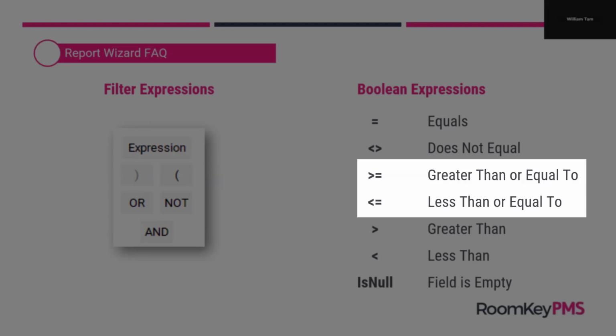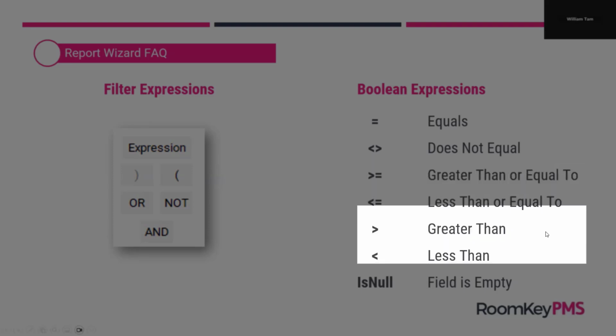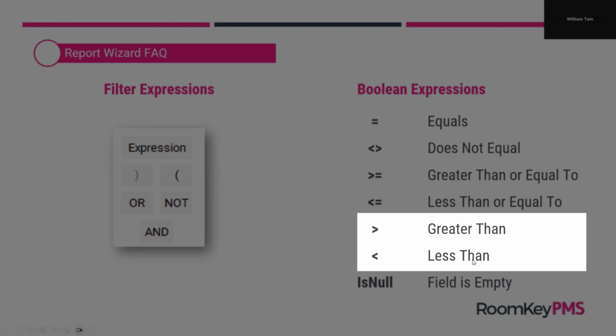So we saw that date range example, date from and date to in both of our example reports so far. Now you can use greater than or less than, but the difference between greater than or equal to and greater than is that it will not equal the date selected.